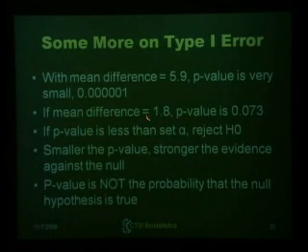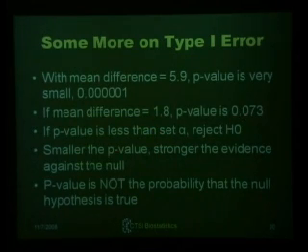If the mean difference is something else, 1.8, then the p-value is 0.073. I made this calculation. I pretended that the mean difference is 1.8, and I get this. If I report this, then people know that if you want to control alpha at 5%, then this study does not prove the alternative. Okay?